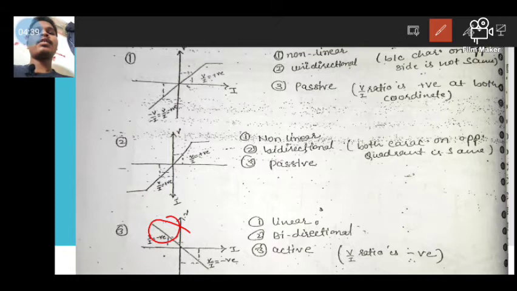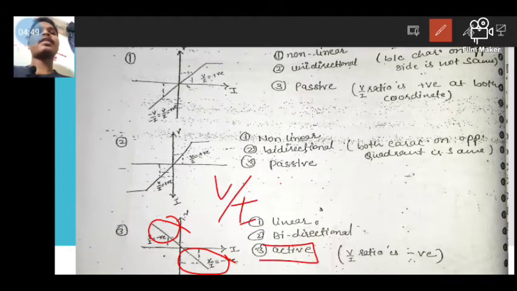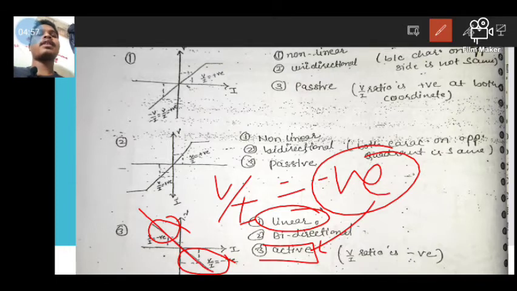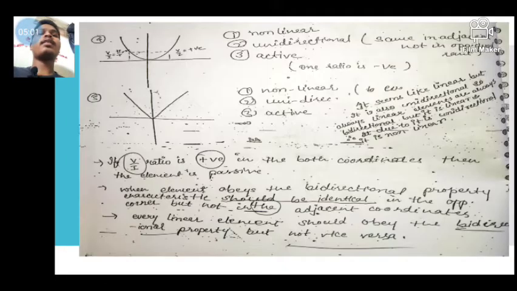See here, the positive directional characteristic and negative directional characteristic are the same, but it is active. Why? Because the voltage divided by current ratio is negative, that's why it is an active element. And it is also linear because the slope is constant. If the slope is constant, then that element is called a linear element.